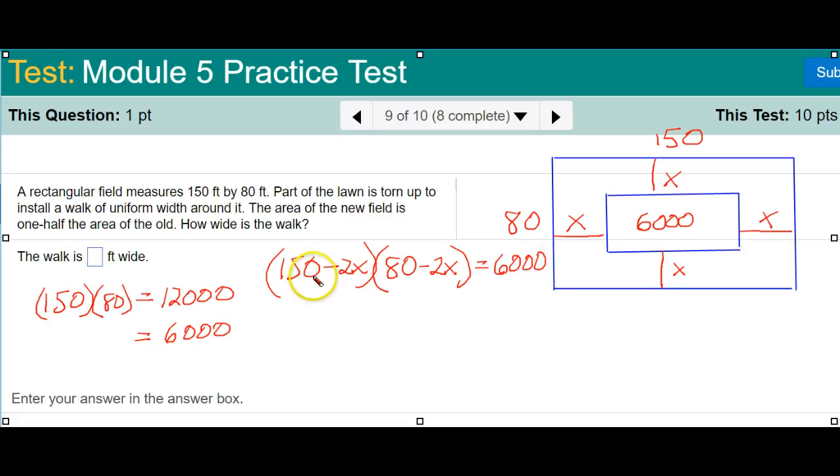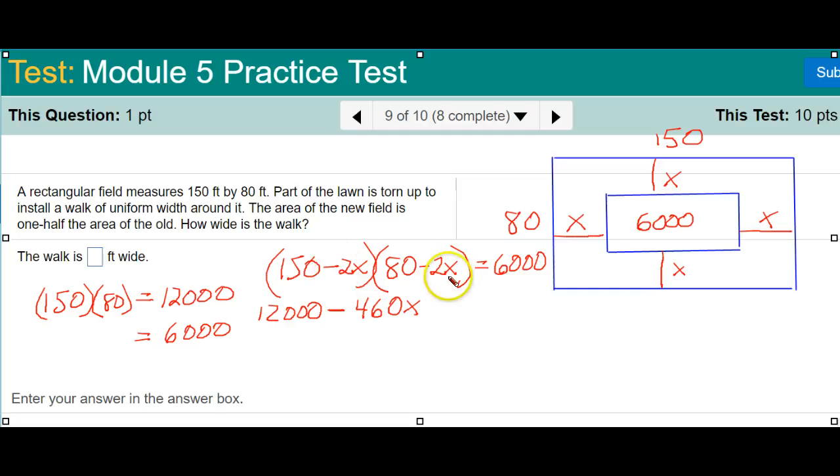Now, what we have to do is FOIL this, which is what I'm going to do right now. Well, we already know that this is 12,000. Now when we FOIL our outers, we get a negative 300x. When we FOIL our inners, we get a negative 160x, which will give us a negative 460x.